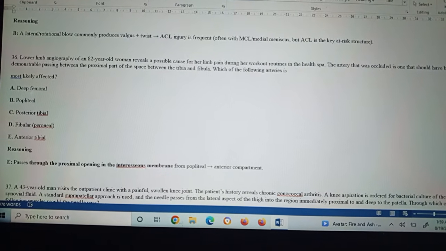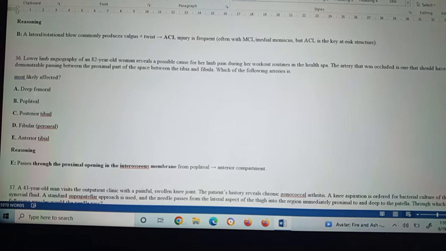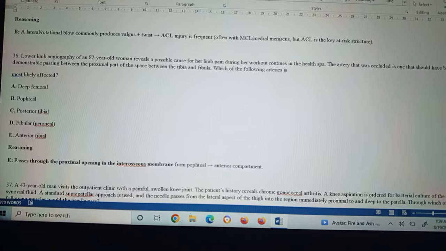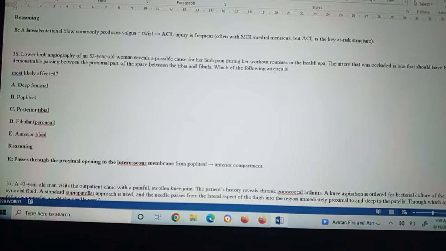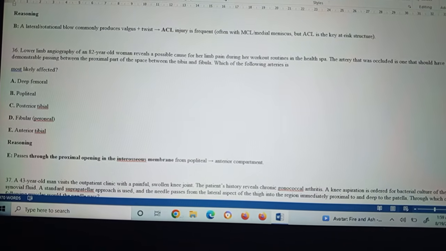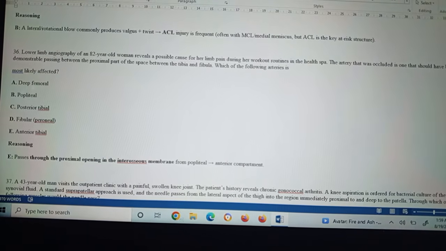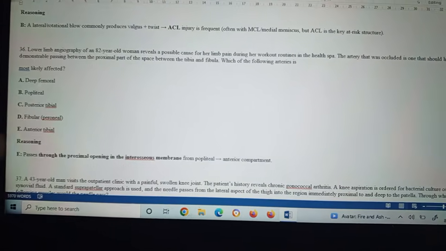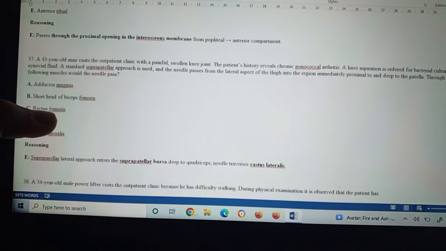Which of the following arteries is most likely to be affected? Deep femoral, popliteal, posterior tibial, fibular which is also known as peroneal, or anterior tibial. The answer is E, that is anterior tibial, as it passes through the proximal opening in the interosseous membrane from the posterior to the anterior compartment.